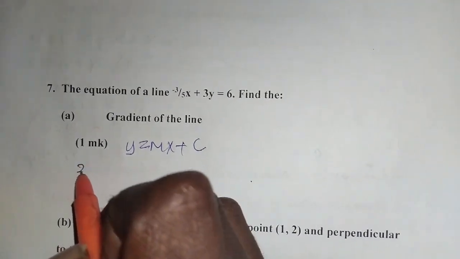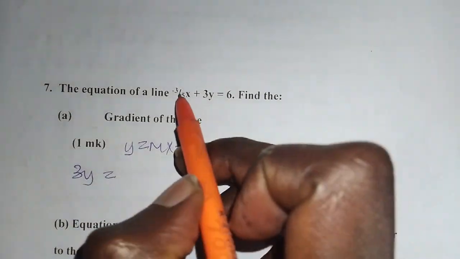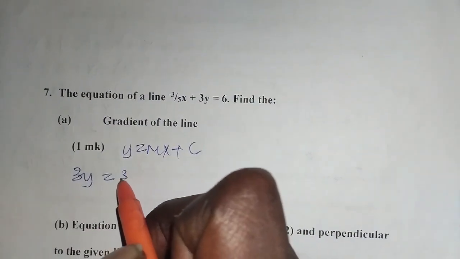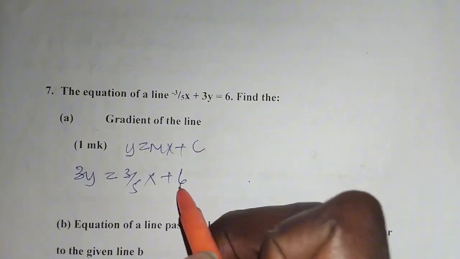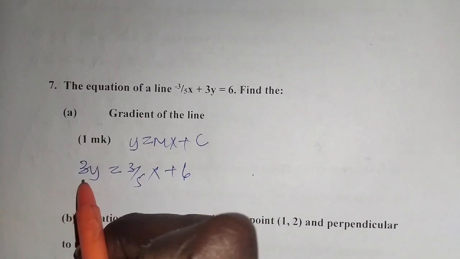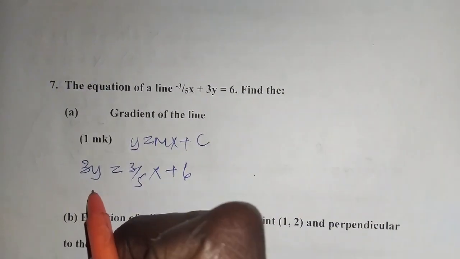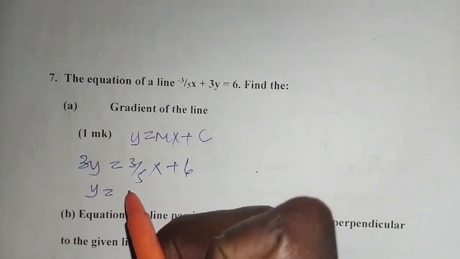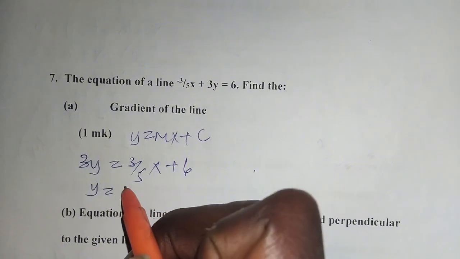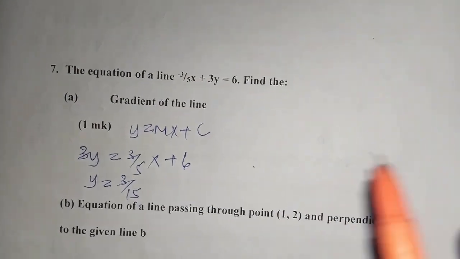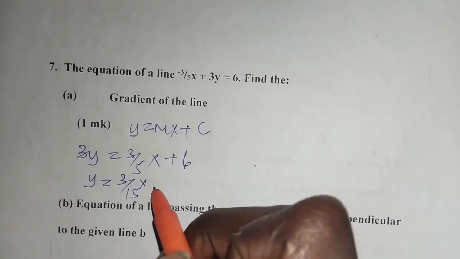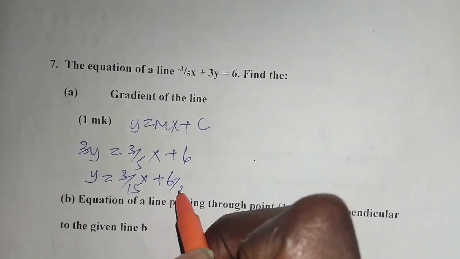We shall have 3y is equal to, the other side, it becomes positive 3 over 5 x, and you have plus 6. Divide everything by 3. So we shall have y is equals to, divide by 3, 3 over 15 x, we have plus 6 over 3.